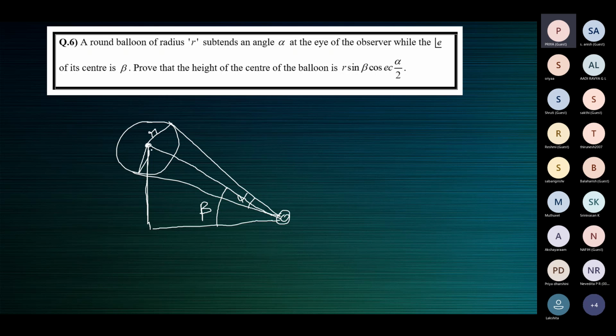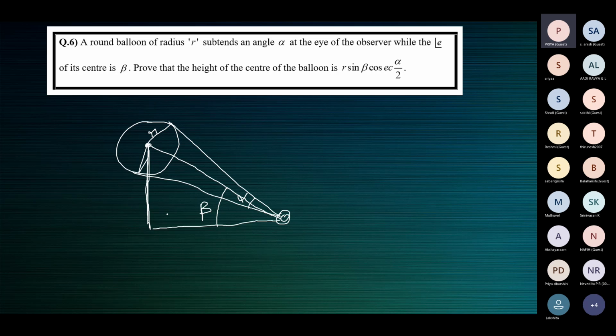We need to prove that the height of the center of the balloon is given by r sine beta cosecant alpha by 2. That means in the right triangle where you have alpha by 2, you should use cosecant alpha by 2. And in the right triangle where you have beta, you must use sine beta.